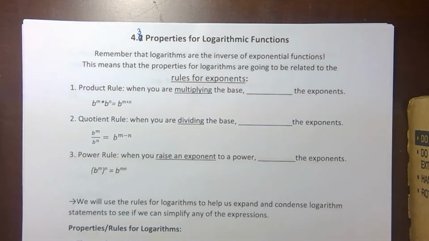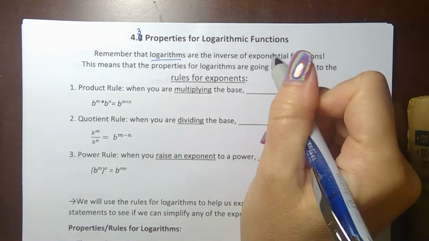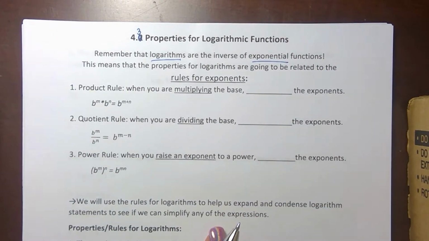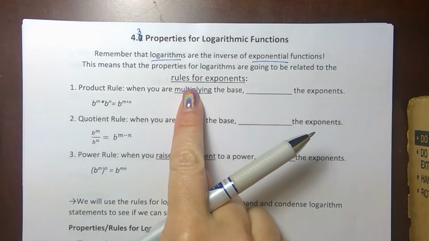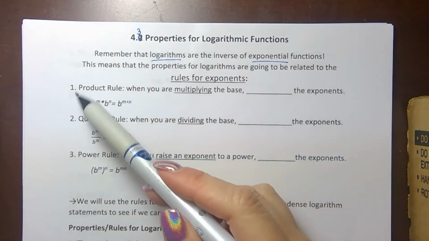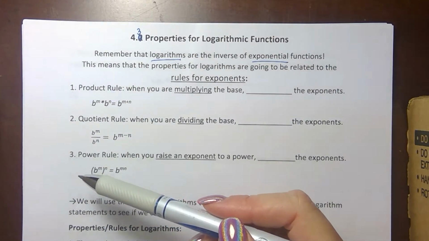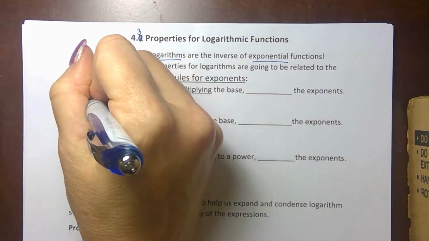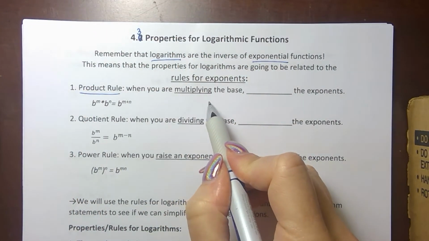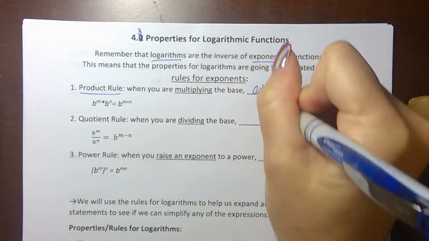Now, because logarithms are the inverse of exponential functions, remember all of our graphing, that means that the properties for logarithms are going to be directly tied to those rules for exponents. So we're going to review our 3 rules for exponents, and then we're going to move those into our properties for logarithms. Product rule for exponents tells me that if I'm multiplying the base, then I add the exponents.